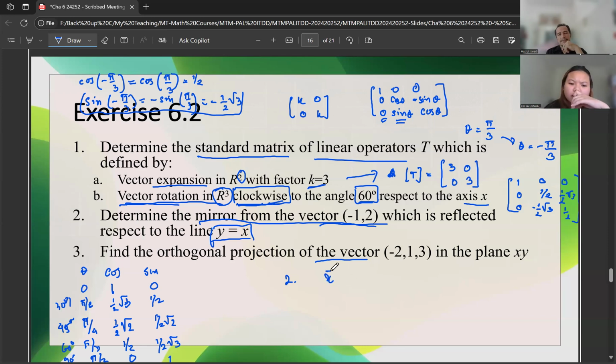So we have x as the original. This is -1 and 2. And now what are the vectors after we reflect it to y equals x? What is the main principle? So x becomes y, and y becomes x.